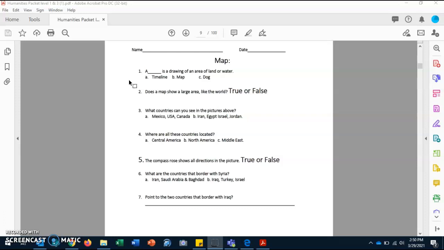Question number 1 says, a blank is a drawing of an area of land or water. So a what? What have we been talking about? A, timeline? B, map? C, dog?